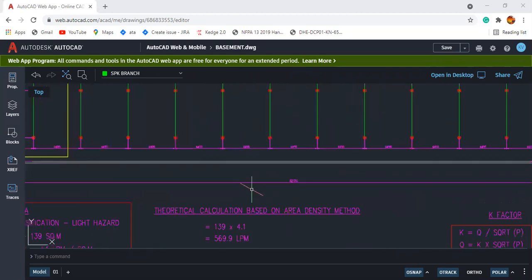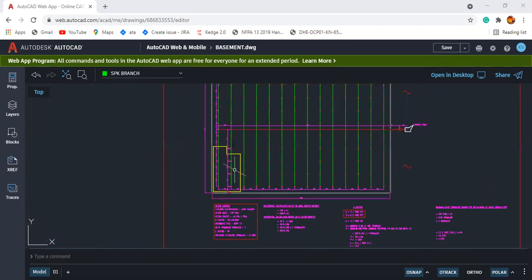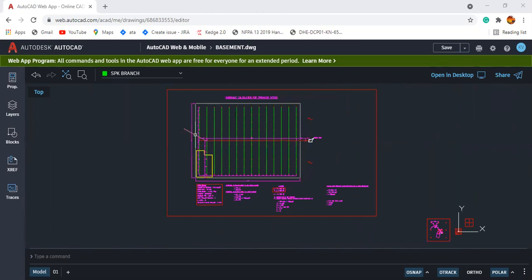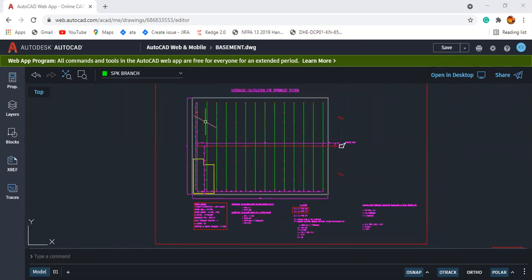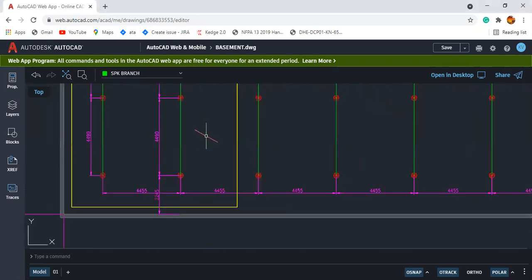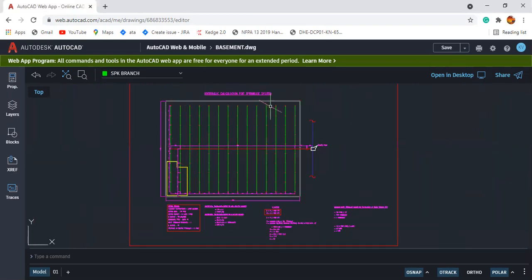The length of the building is 62 meters. The width of the building is 44 meters. The sprinkler system is already designed with light hazard spacing of 4.4 meter by 4.4 meter, so a maximum of 20 square meters per sprinkler. The total area comes to nearly 2,800 square meters. So 112 sprinklers occupy this area, as per the total bill of quantity.